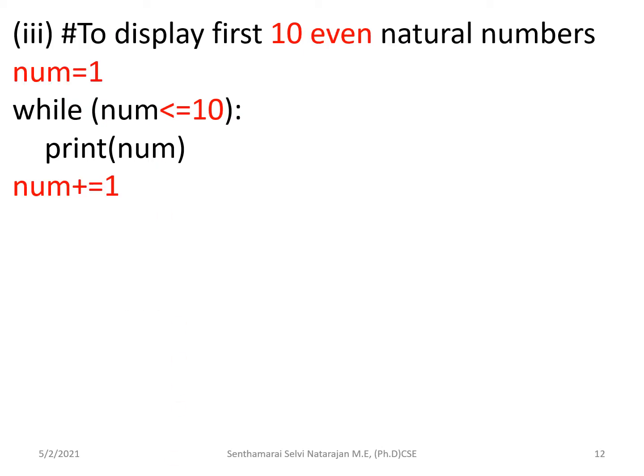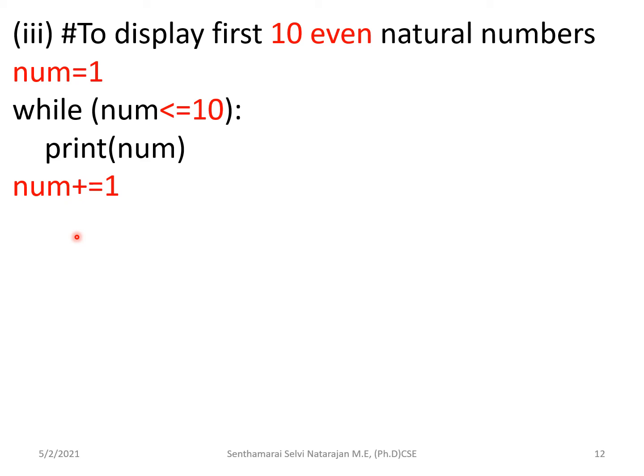Next, we have to display the first 10 even natural numbers. Here they are asking for even natural numbers. Initially they have assigned 1, and 1 is not an even number. And for 10 numbers, you have to go up to the value of 20, then only you can get the even numbers. Likewise, when you are adding the numbers, you have to add 2.